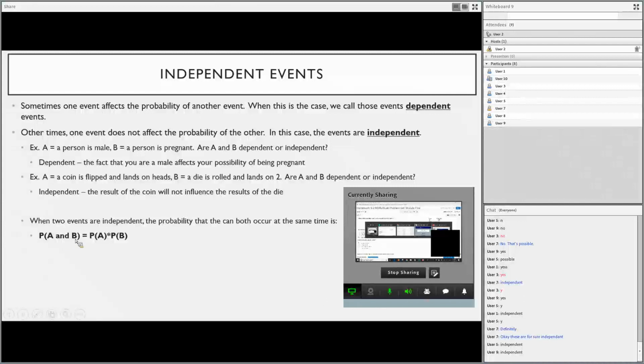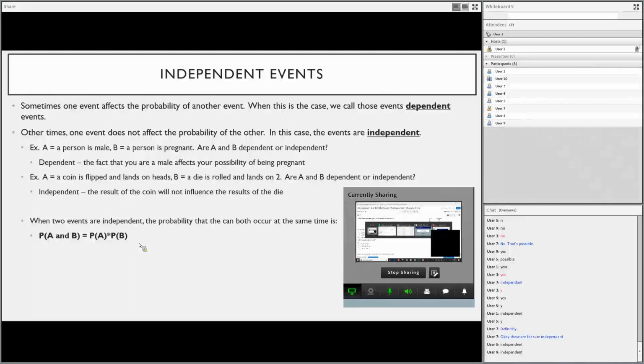So when two events are independent, we get this formula. The probability of A and B, that means the probability that the two events occur at the same time, is just simply the probability of A, the probability of the first one, times the probability of B, the second one. This is only for when the events are independent.